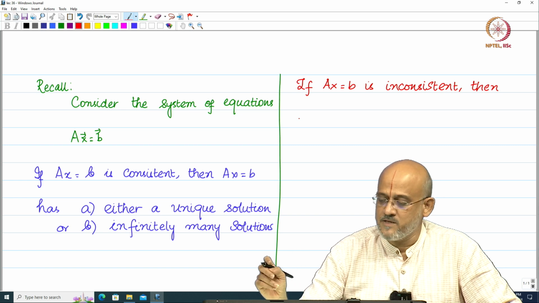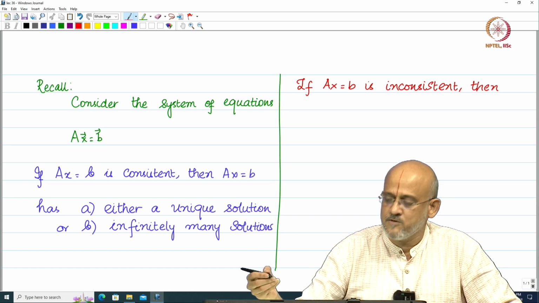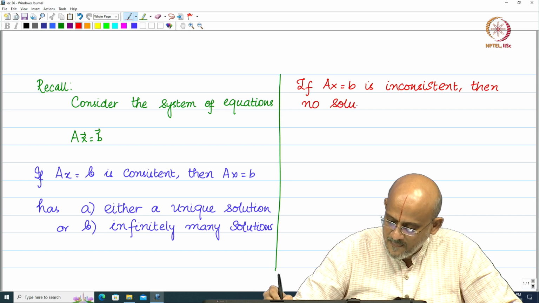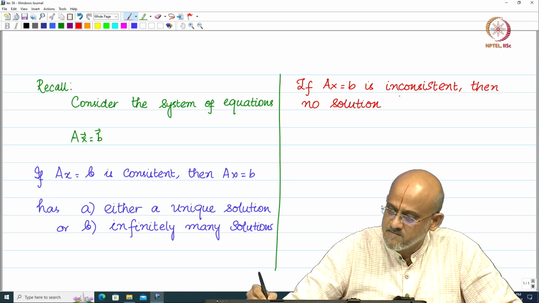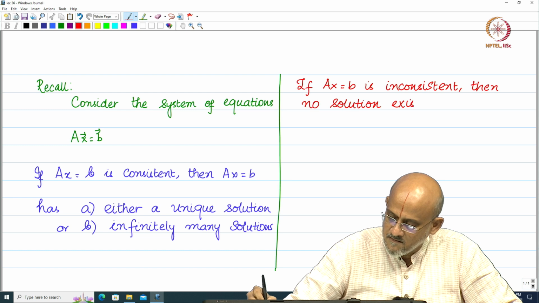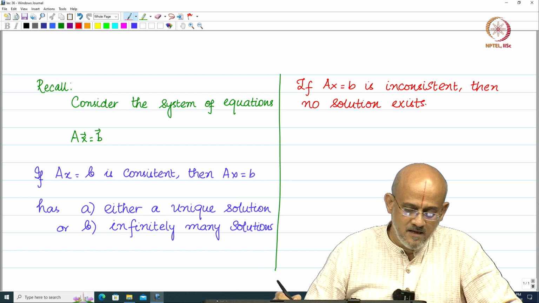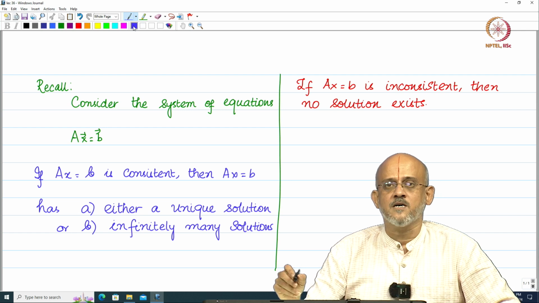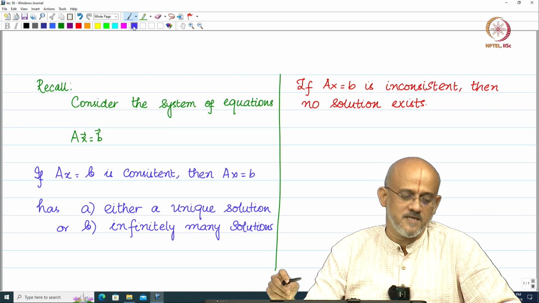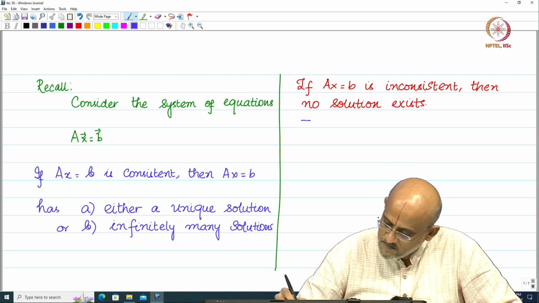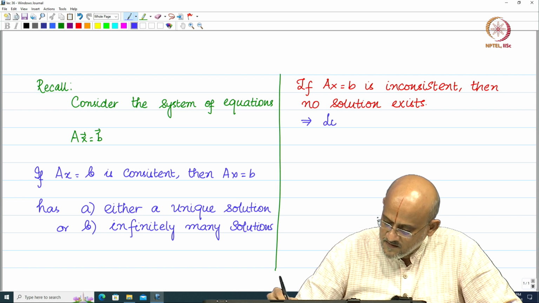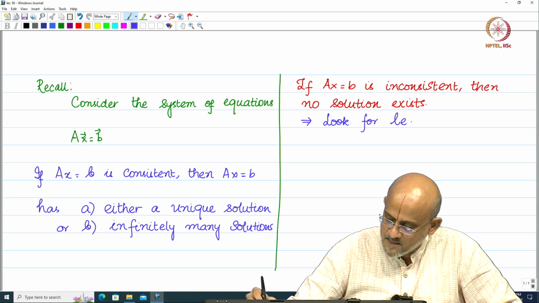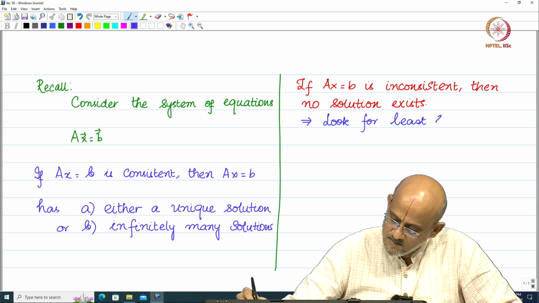That means you can't find the values x1, x2, ... xn, so no solution exists. In which case, if you remember, we looked for what are called the least squared solutions.